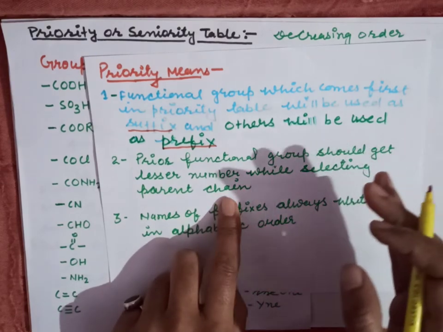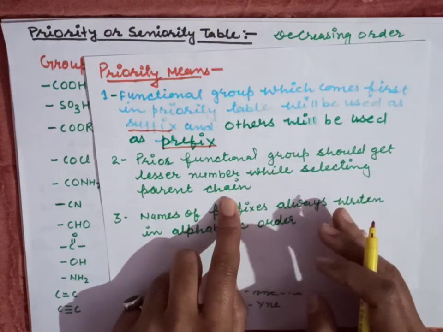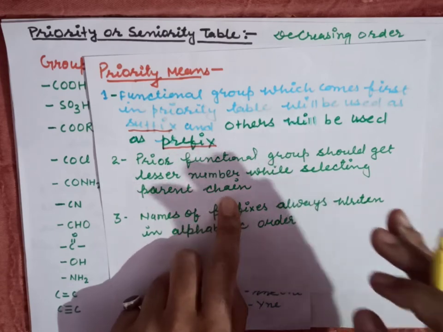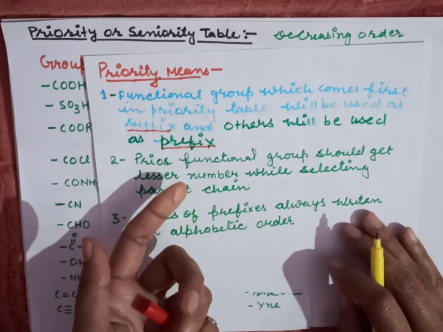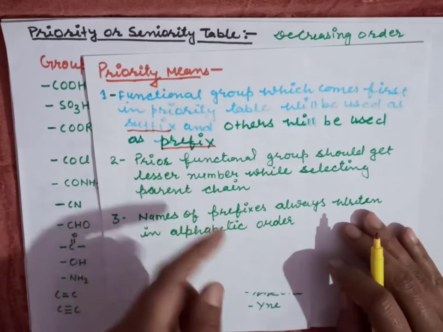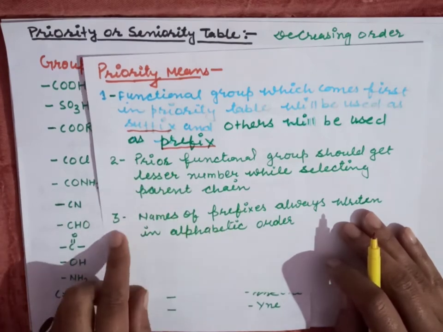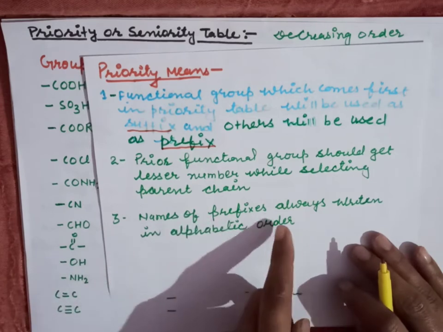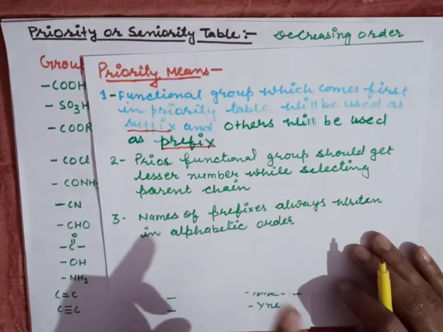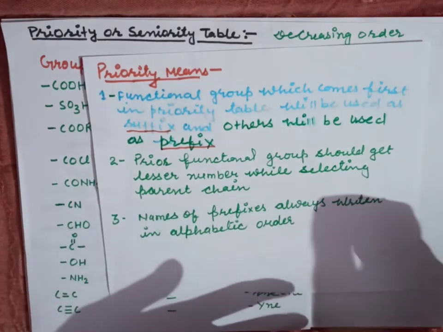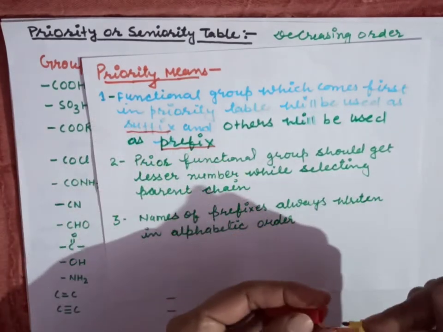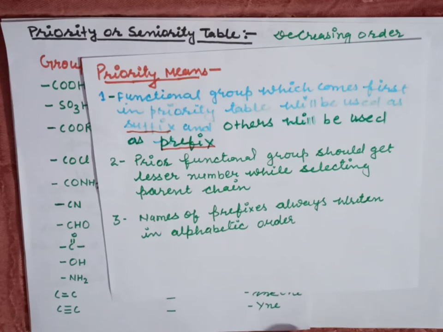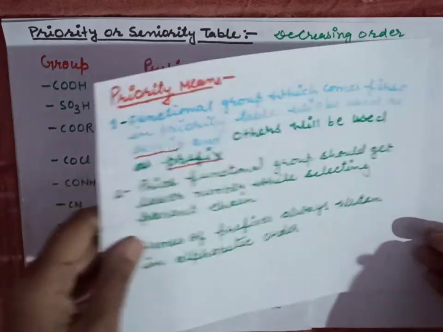Whenever you do numbering at the parent chain, choose the side from where the main, prior functional group gets the lesser number. Third point is, the names of prefixes are always written in alphabetic order. Okay, so let us start now.